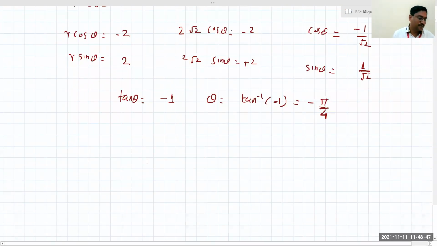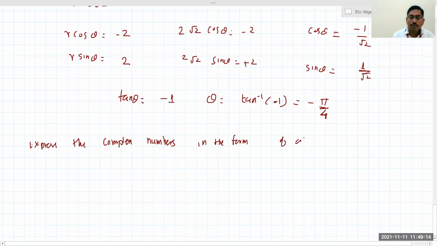Express the following numbers in the form of order pair of real numbers. Express the complex numbers in the form of order pair of real numbers.